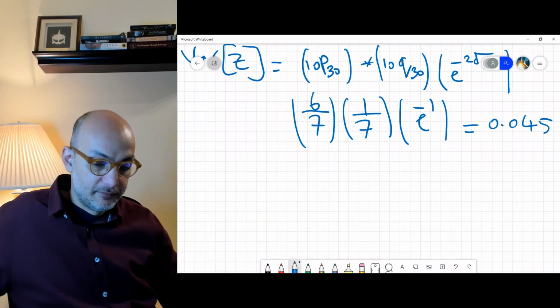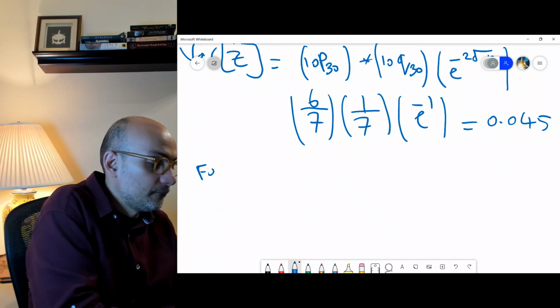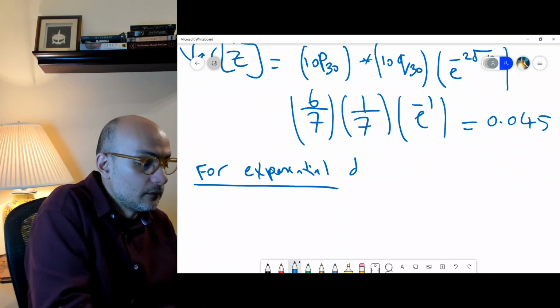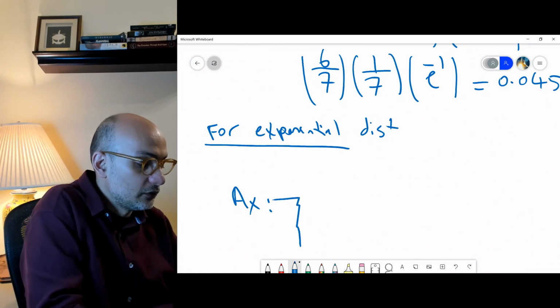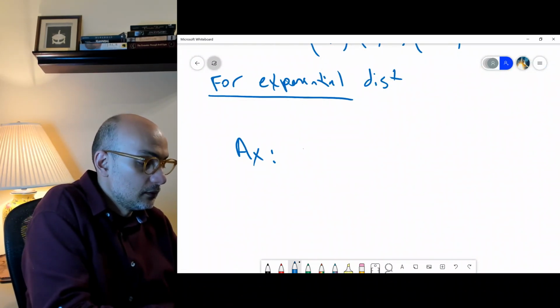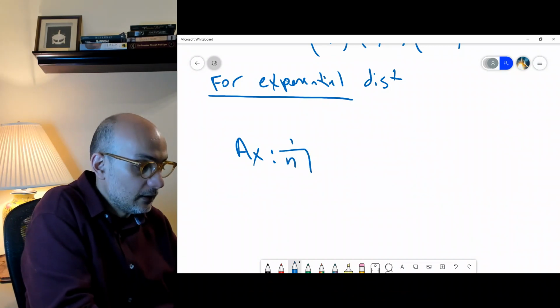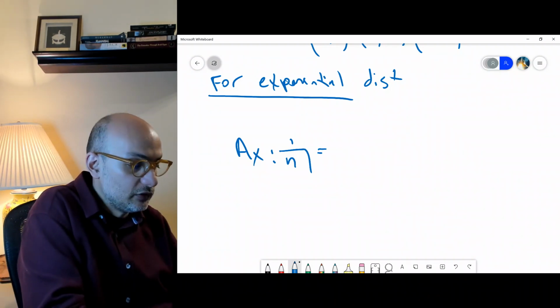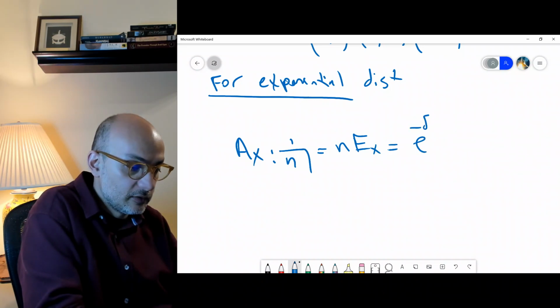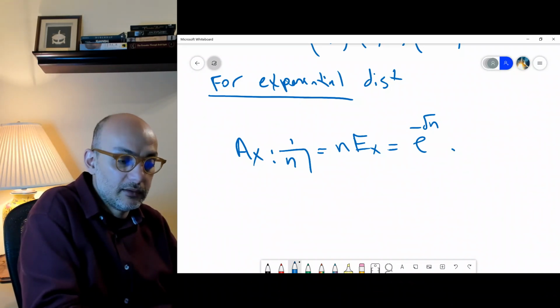Now, for the exponential distribution, for the pure endowment A x:n, which is also nEx, it equals e to the minus delta n multiplied by, again, the present value multiplied by the probability to survive.